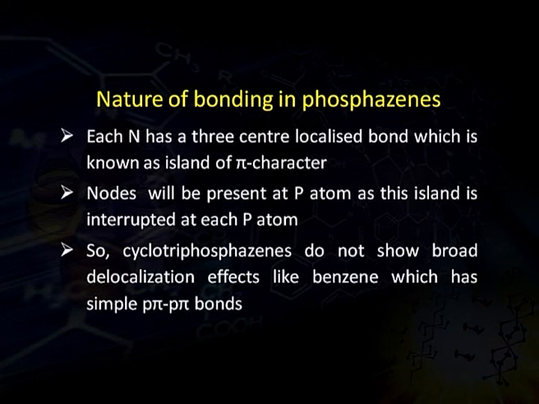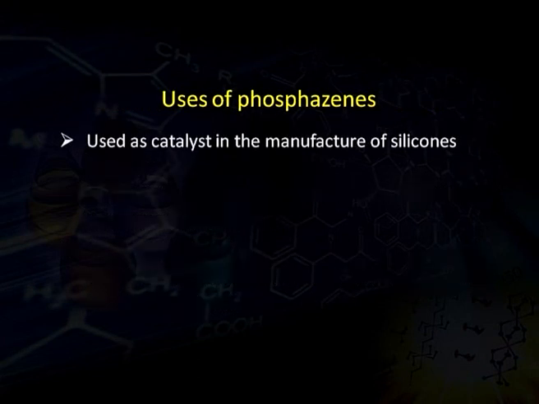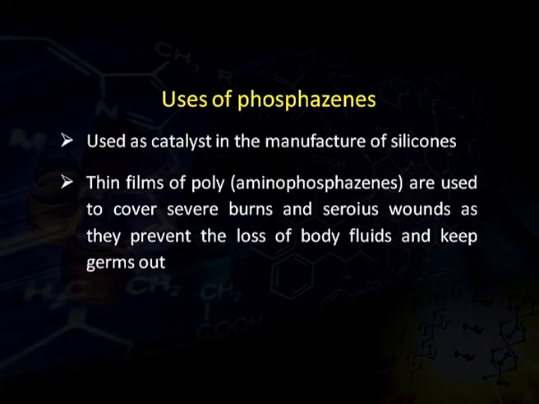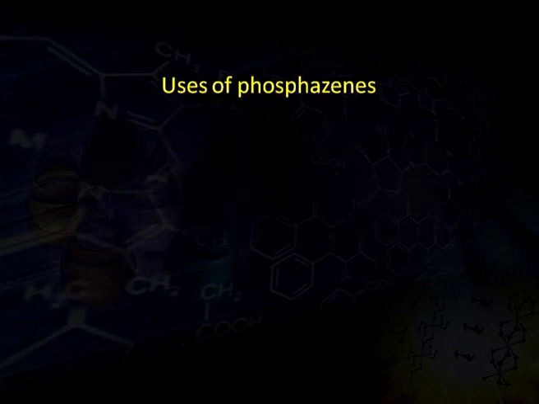Coming on to the uses of phosphazenes. Phosphazenes are used as catalyst in the manufacture of silicones. Thin films of polyaminophosphazenes are used to cover severe burns and serious wounds, as they prevent the loss of body fluid and keep germs out.